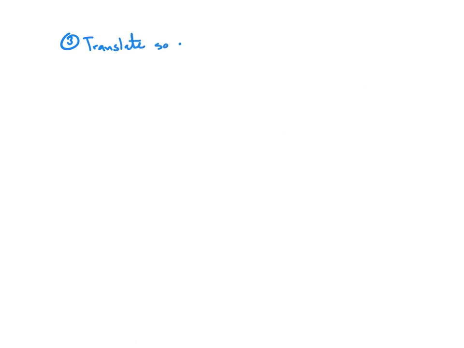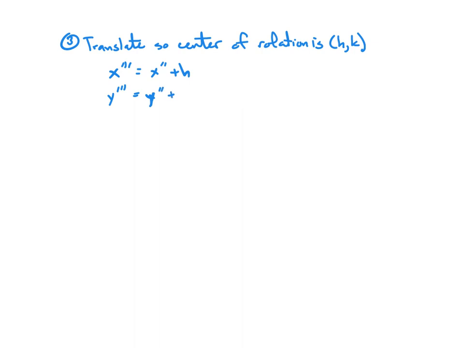The center of rotation is (h, k), so I'm just going to translate by that vector. x triple prime is the second image plus h, and y triple prime is the second image plus k.